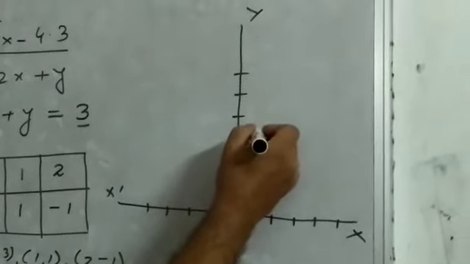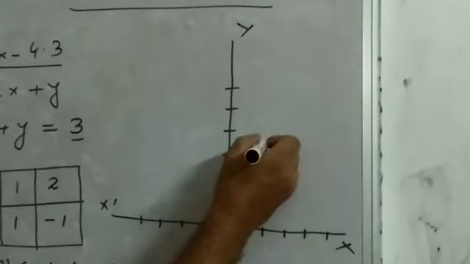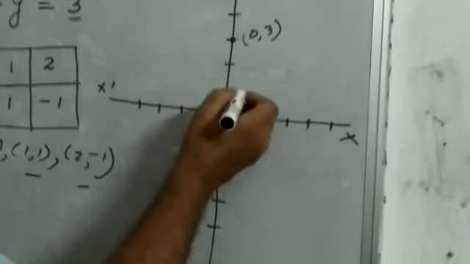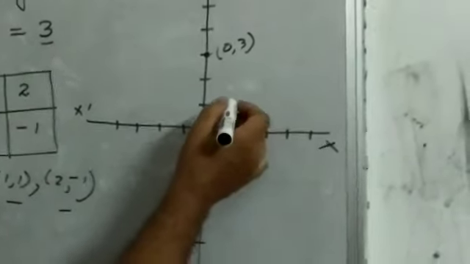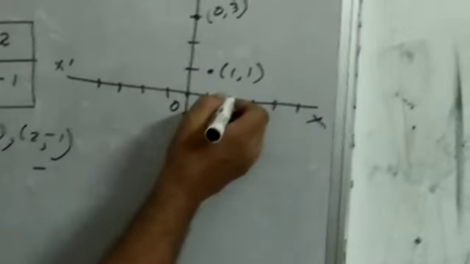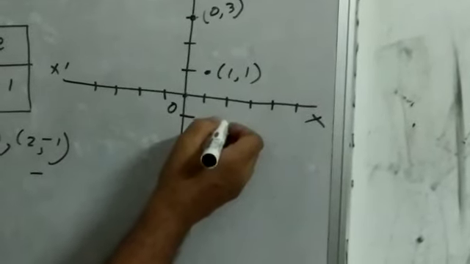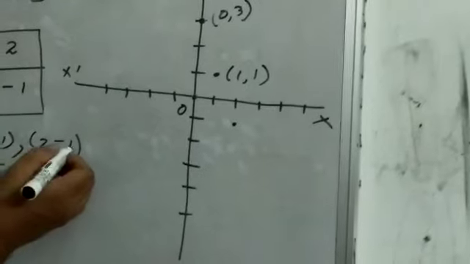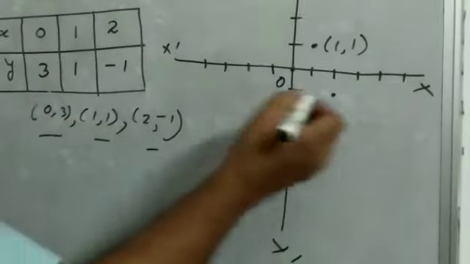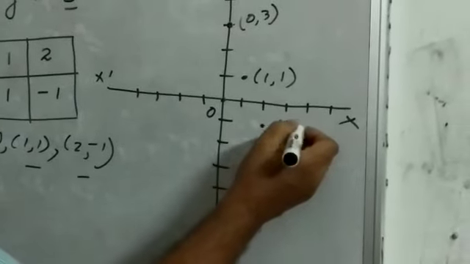Write the coordinates near the point: 0, 3. Next point 1, 1. Here x is 1, y is 1. So this is the point 1, 1. Then 2, minus 1: x is 2 and y is minus 1. It is clear that this one lies in the fourth quadrant, the first in the first quadrant, and the other lies on the y-axis. So this is 2, minus 1.